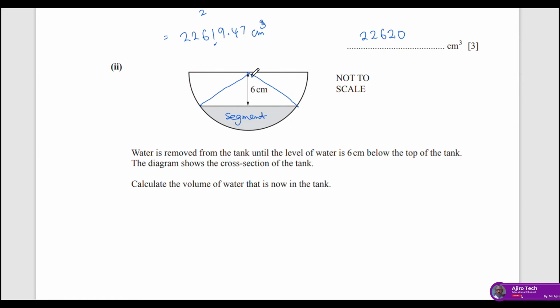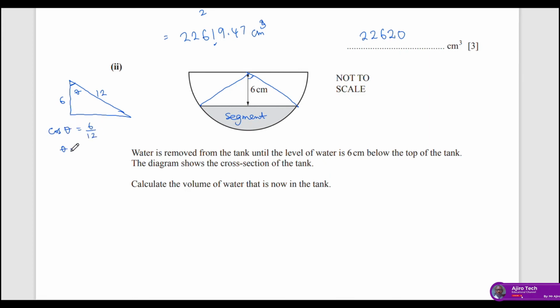To find this angle, we have a triangle like this. Here is 6, here is 12. Let's find this angle. Let's say this angle is theta, adjacent over hypotenuse. So cos theta should be 6 over 12.